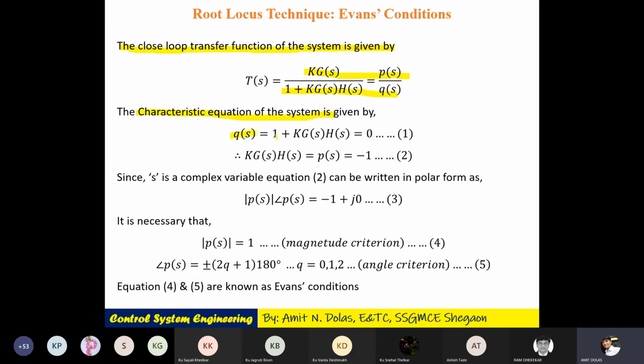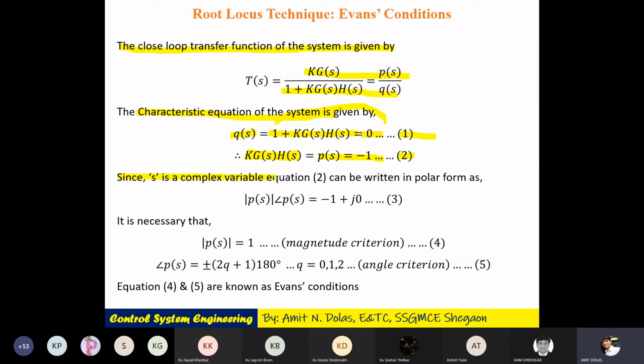It is nothing but Q(s) is 1 plus K G(s) H(s) equal to 0. This can be written in adjusted form. 1 goes to the other side, therefore it will be K G(s) H(s) equal to -1. This is the second equation. Very easy, no need for further explanation.